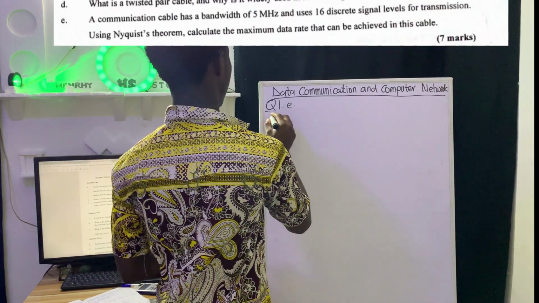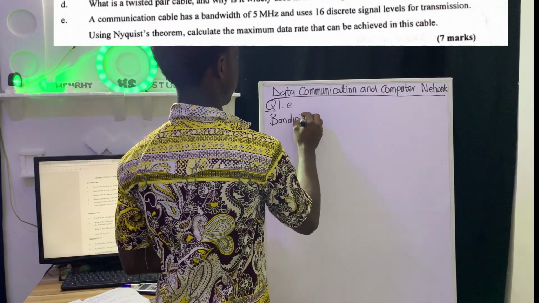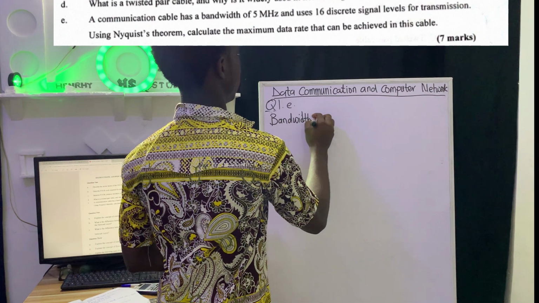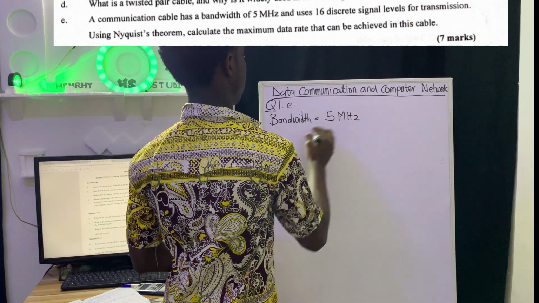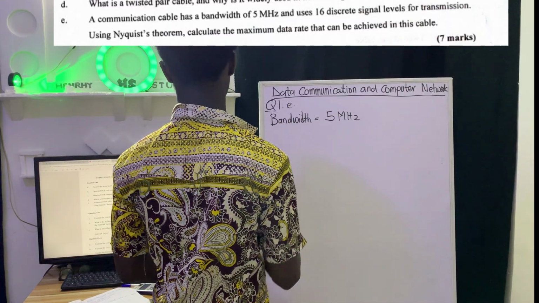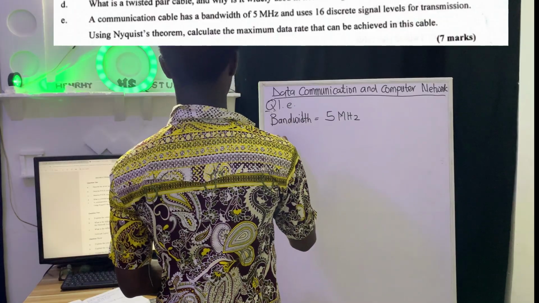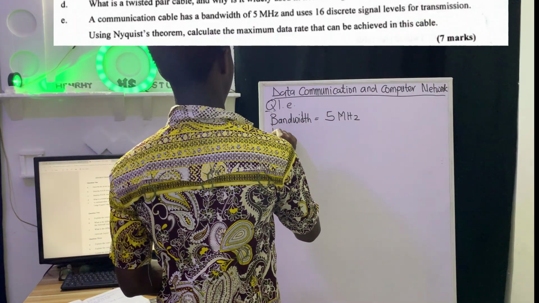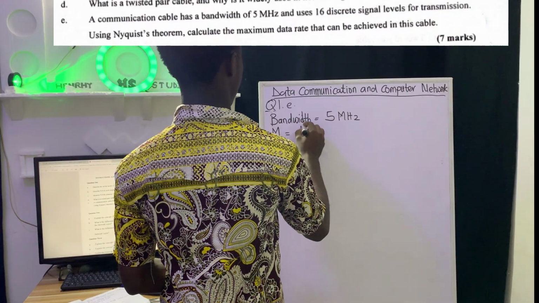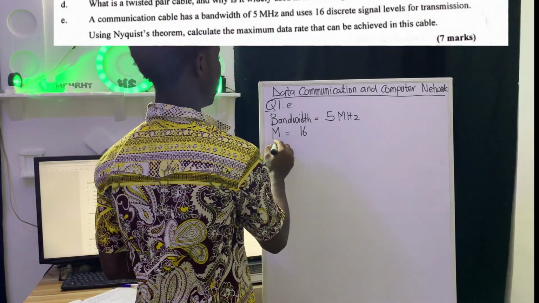In the question, the bandwidth was 5 megahertz. Then we have the discrete signal levels, which becomes M. So M is 16.